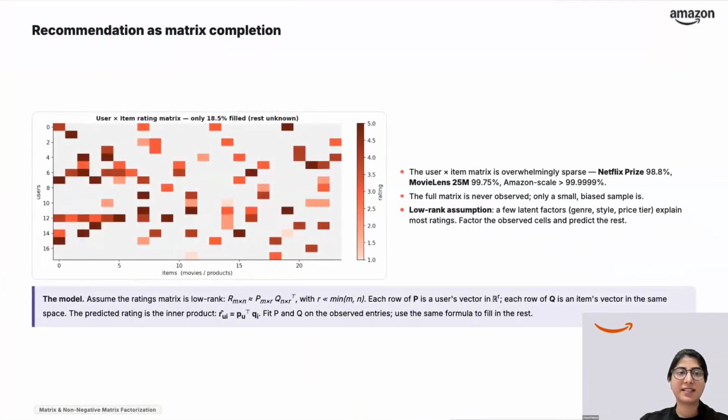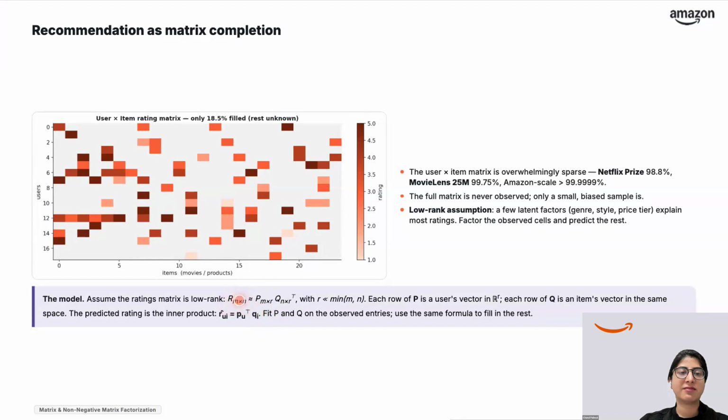So as we see, this is a user cross item matrix. We only observe a very small number of entries in this matrix, and we can call it low rank. Low rank means this R is less than M and N. And why is it low rank? Because there is a correlation that exists among these users and these movies.